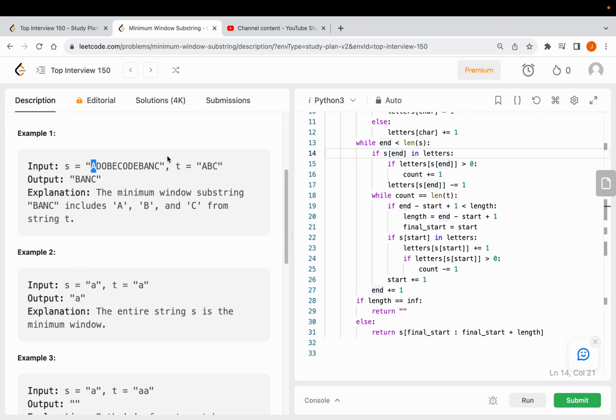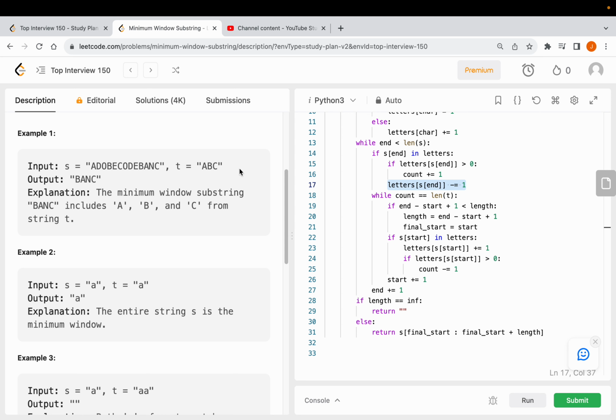If it is, we increment count, which means we have found one, and we decrement the frequency of this letter in the dictionary because we needed 1A, and now we need 0A.